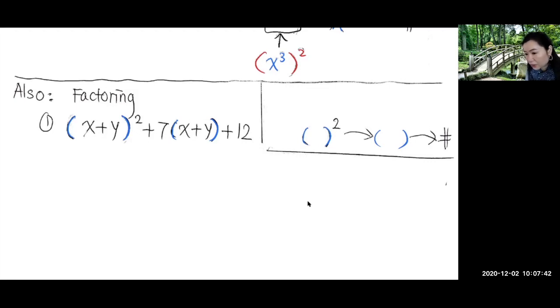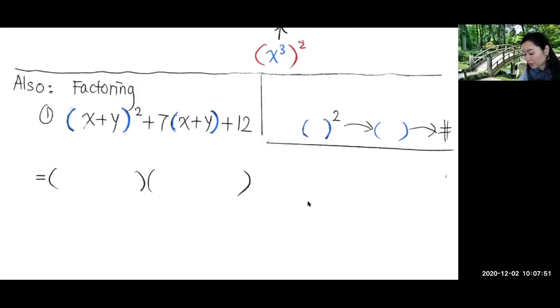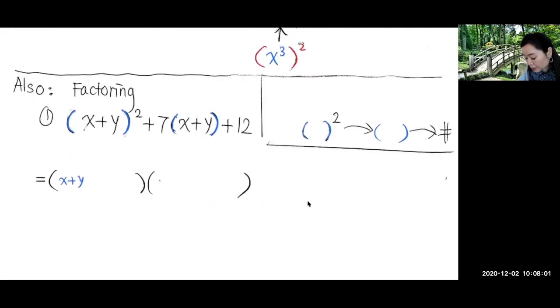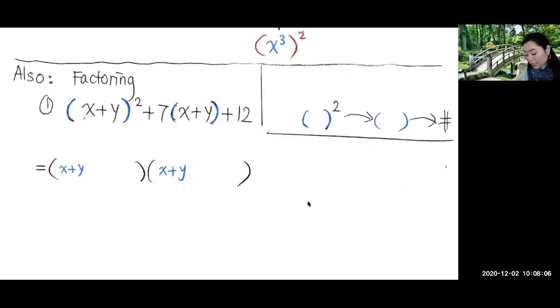The way that we do it over here is, because the leading coefficient here is 1, I'm going to just go ahead and do it directly. So x plus y squared into x plus y times x plus y. Okay, x plus y times x plus y gives you x plus y squared.